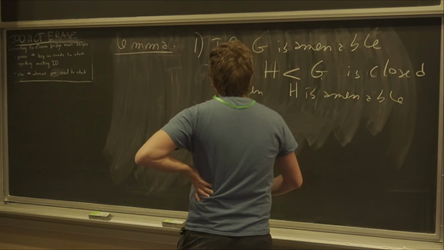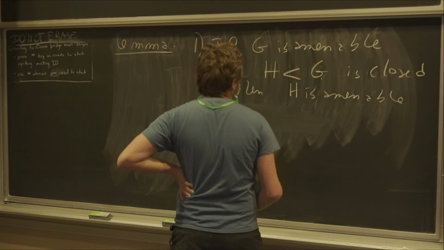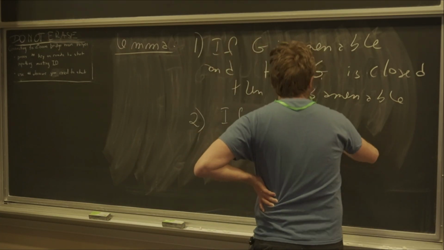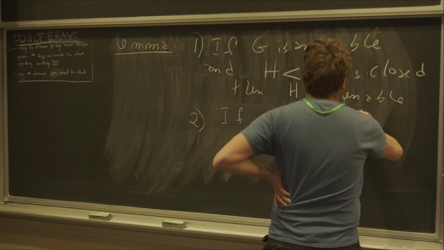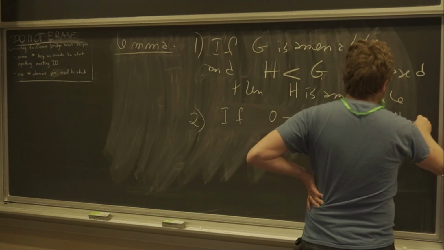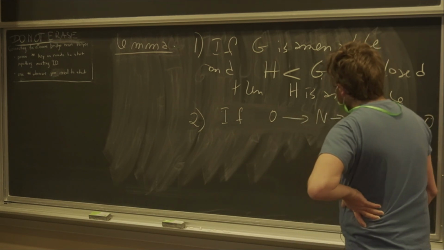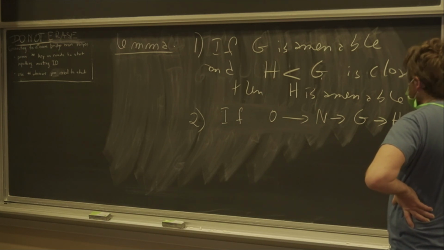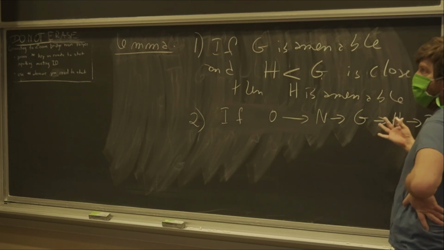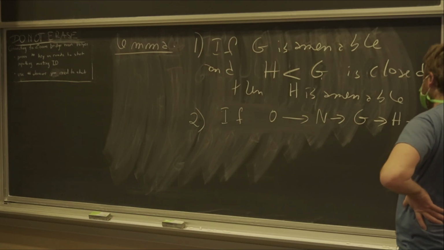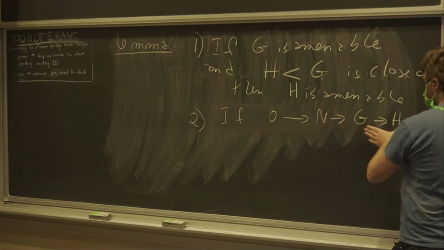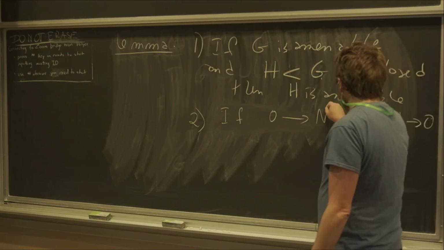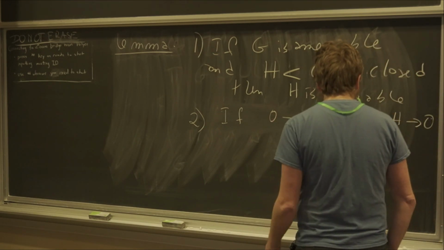So if I have the following sequence of locally compact and countable groups, where these maps are continuous, and everything is closed and whatever it has to be.